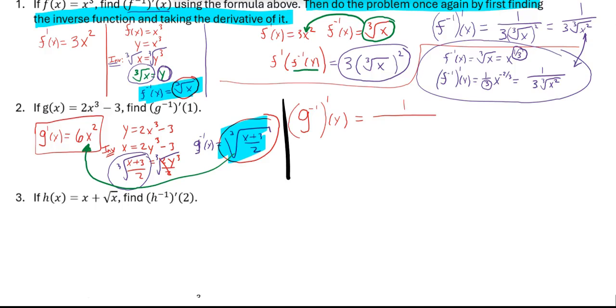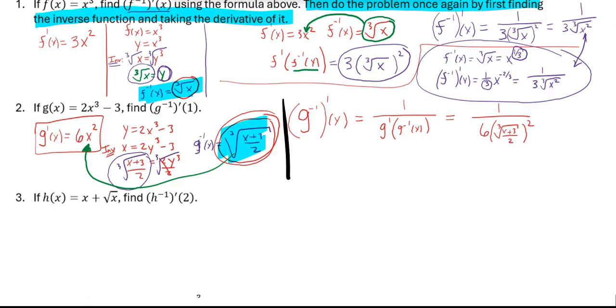In this case it's not f, it would be g. It would be 1 over g prime of g inverse of x. And all that means is put the inverse into the function. So all we do is we write it out. 1 over, and it says 6x squared. Don't put x. We're going to replace it with the cube root of (x plus 3) over 2.